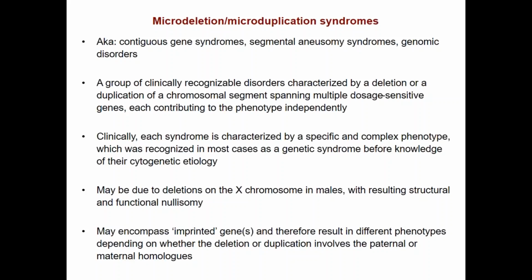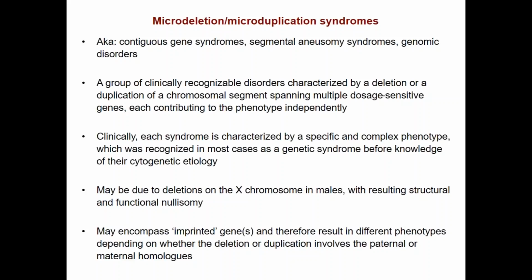And if they encompass imprinted genes, are you familiar with that term, imprinted genes? Imprinted genes are genes whose expression varies depending on the sex of the parent of origin. A gene can be imprinted or silenced on one homologue and active on the other.